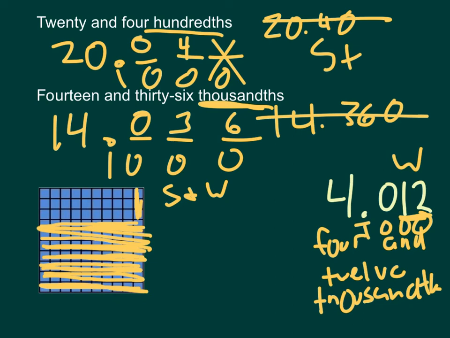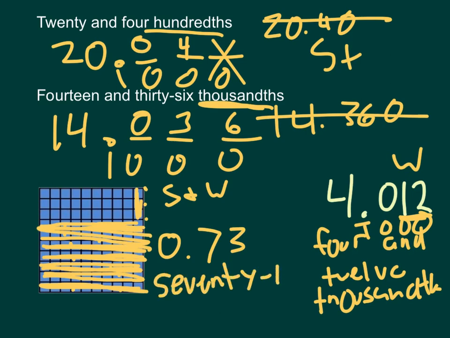And finally, I've got no holes over here. 1, 2, 3, 4, 5, 1, 2, 3, 4, 5, 6, 7. Got 7 tenths shaded in, 7 of the groups of 10. 1, 2, 3, 73. So it would be 73 hundredths.